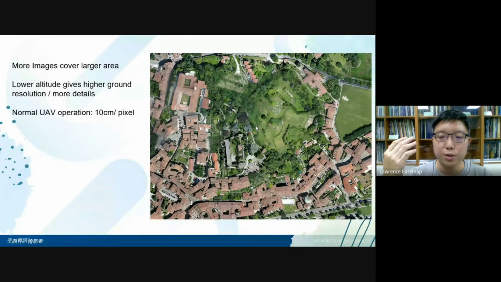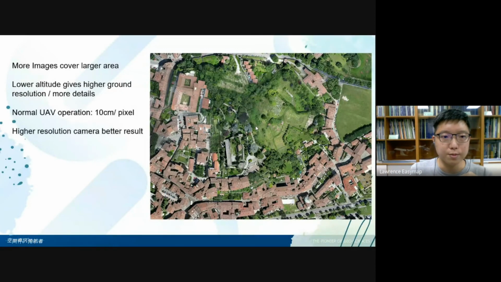And if we use a better camera, or if we fly lower, getting close to our target, you can have an even better picture and higher resolution. So a higher resolution camera can give a better result, of course. If you can carry a better camera with better resolution, a decent map can be created.